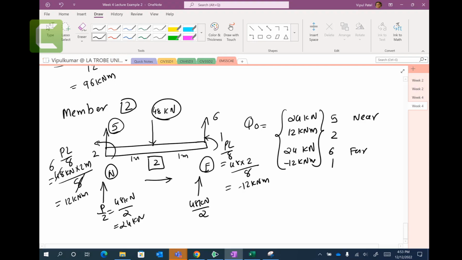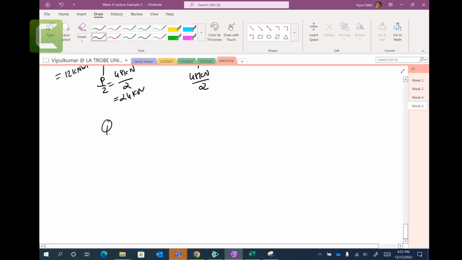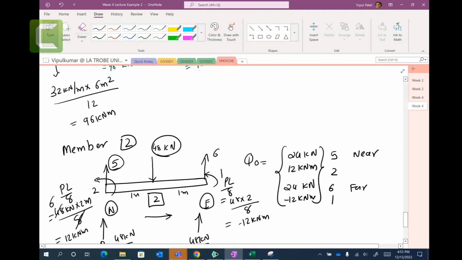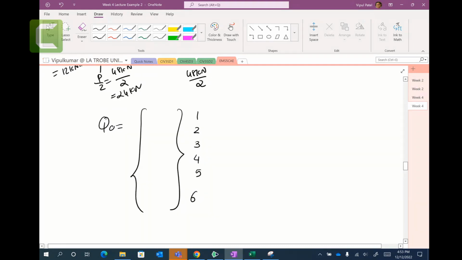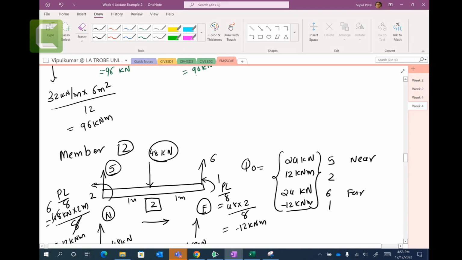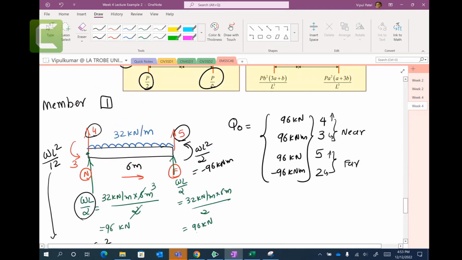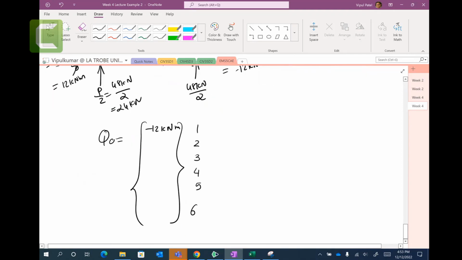Right, so now we can get the big Q0 matrix by putting in 1, 2, 3, 4, 5, and 6. Number 1 is minus 12. There is no 1 here, so we put minus 12 kilonewton meters here. Number 2, positive 12 and minus 96. So minus 96 plus 12, you get minus 84.